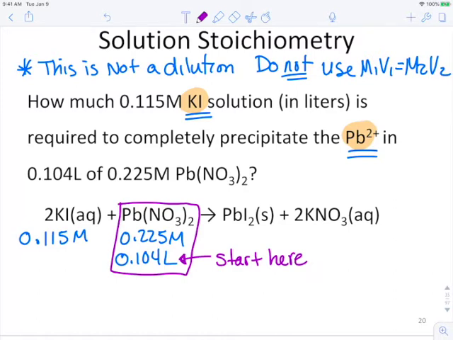So my recommendation in this problem is always start with the volume of the chemical you know more about. Another way of saying that is go to the chemical you know more about, look for the one that is not a conversion factor, and that will always be the volume. So questions on anything there about why we're going to start with the liters?